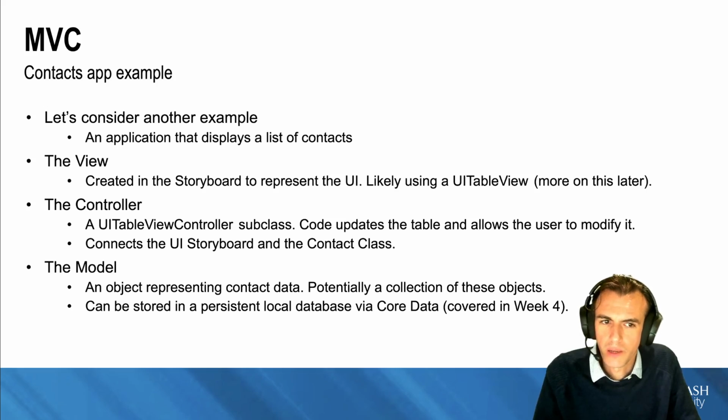So it updates the table, it allows the user to modify it, and it connects the storyboard with the contact classes, so a list of contacts, say. And the model is the object representing the contact data, or it could be a collection of these, like I said, like an array or a list of them. And you can imagine this could be stored in a persistent database via something like a technology like Core Data, which is something we'll cover in week 4.